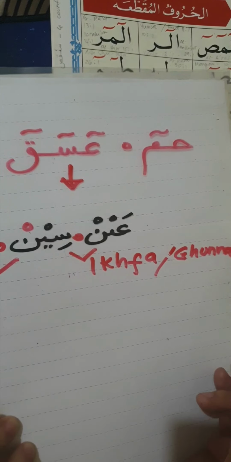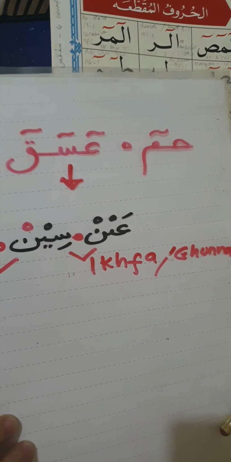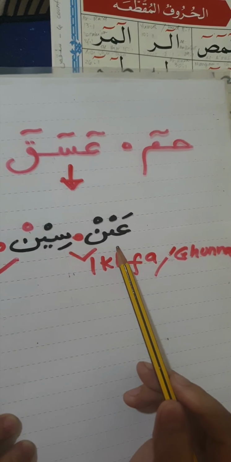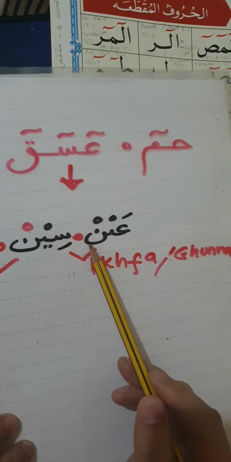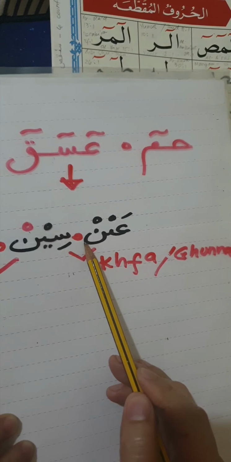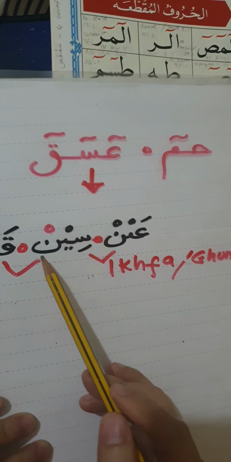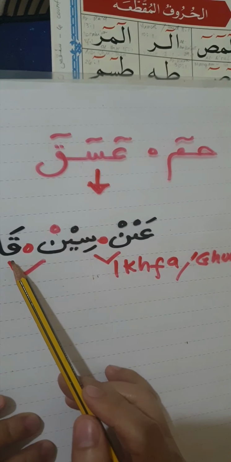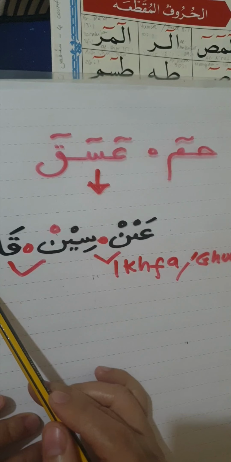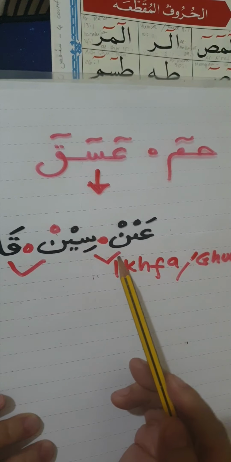So if we are going to read this one, it will be like this. Ayn, sin, qaf, like that.